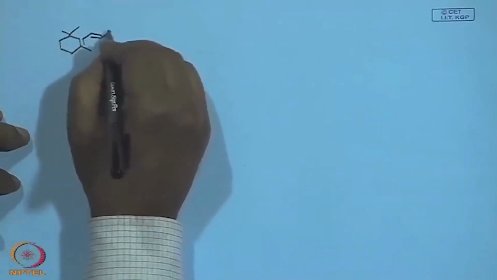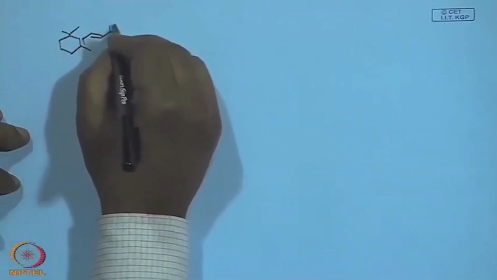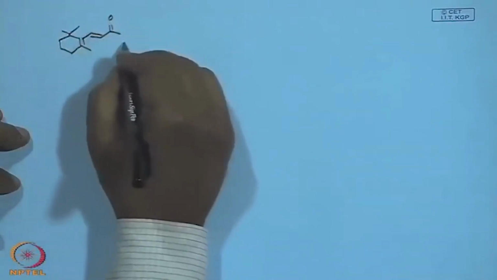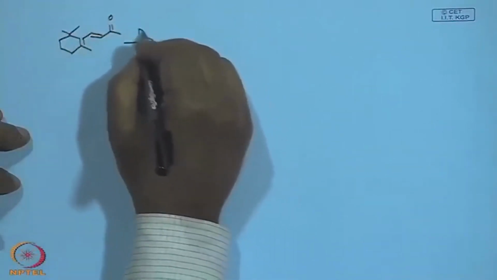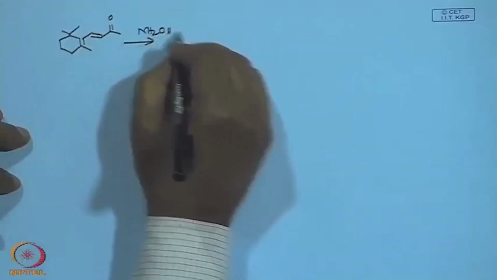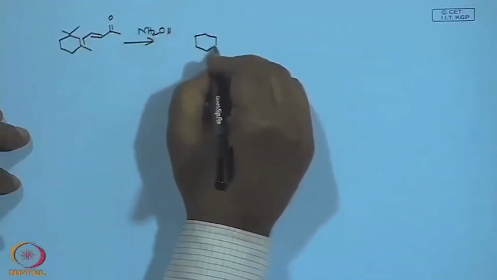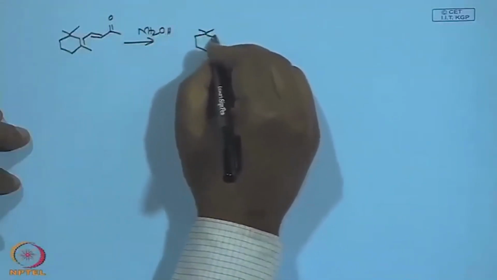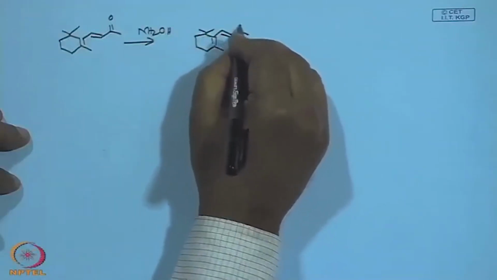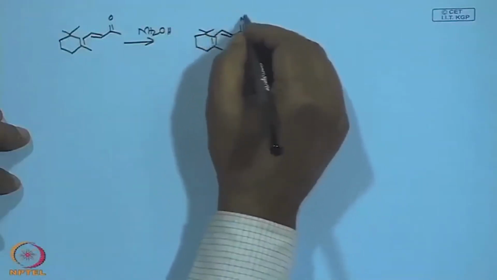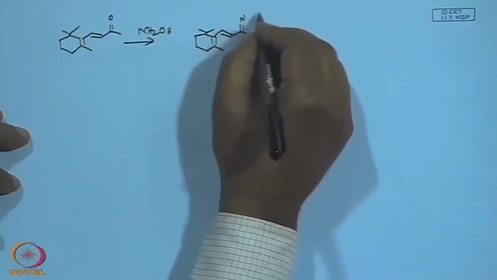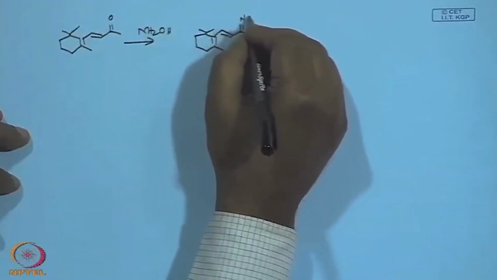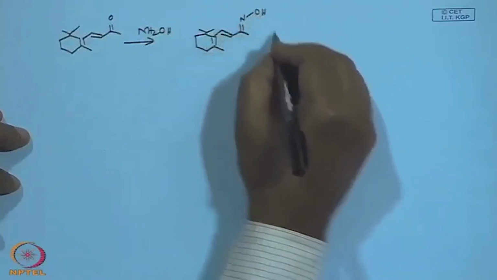You have an alpha, beta unsaturated system like this, and if you have this reaction with hydroxylamine, all of us know what would form, it would form the corresponding oxime, right. Oxime should have normal trans, but in any case I will write trans.